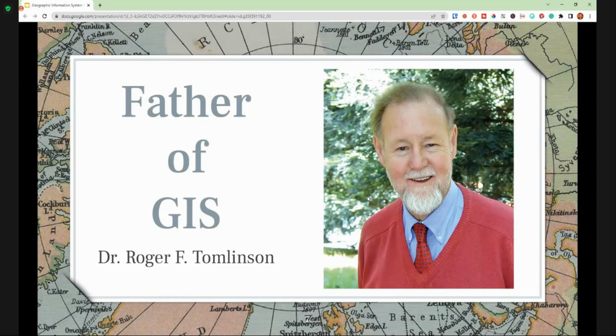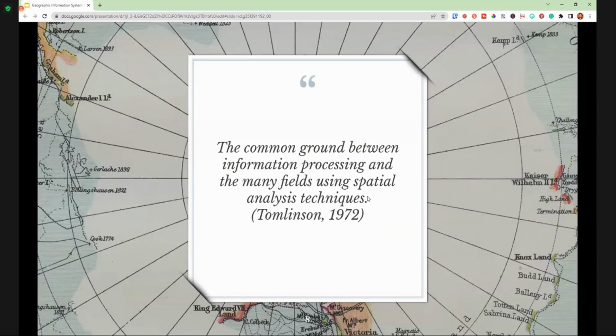So this guy, see Dr. Roger F. Tomlinson, is the founder of GIS. And remember this guy because sometimes lumalabas siya sa exam. He passed away in 2014, unfortunately, but he was the first person who coined the term GIS. And this is how he defined GIS: basically, it's the common ground between information processing and the many fields using spatial analysis techniques.